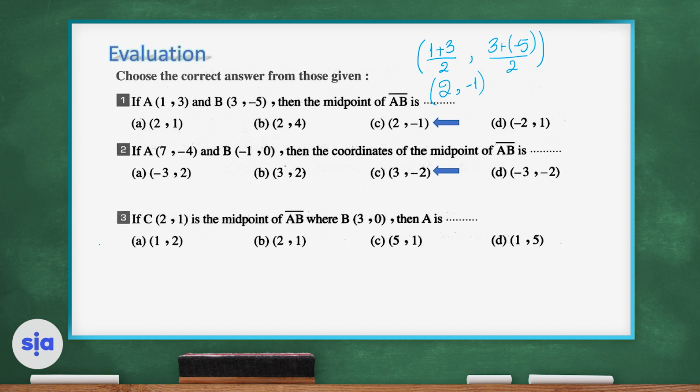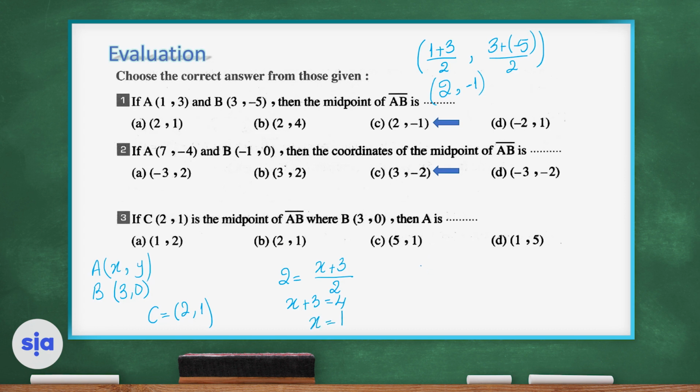If we call that point A has coordinates (x, y), where B has coordinates (3, 0), and C, the midpoint, has coordinates (2, 1), then the x coordinate in the midpoint, the 2, came from (x + 3) over 2, then x + 3 is equal to 4, so x equals 1.